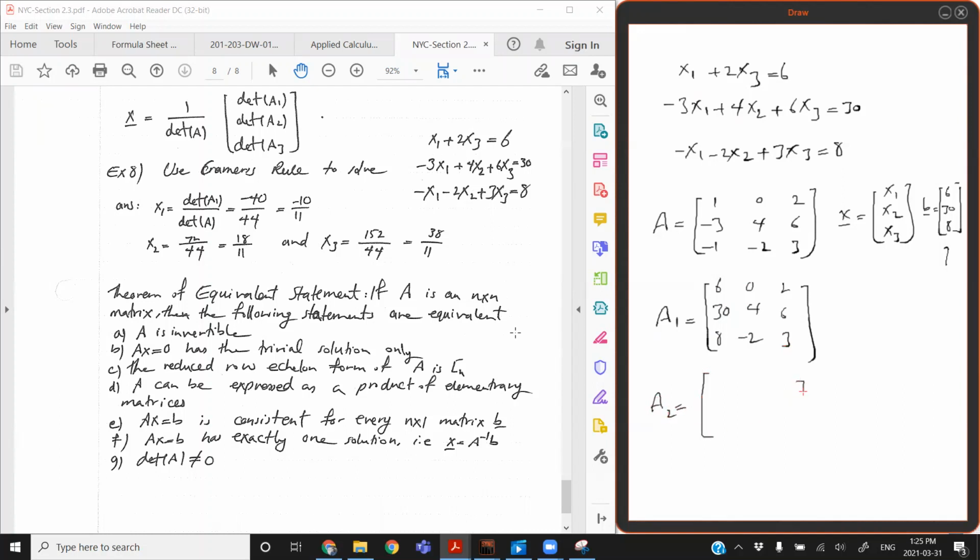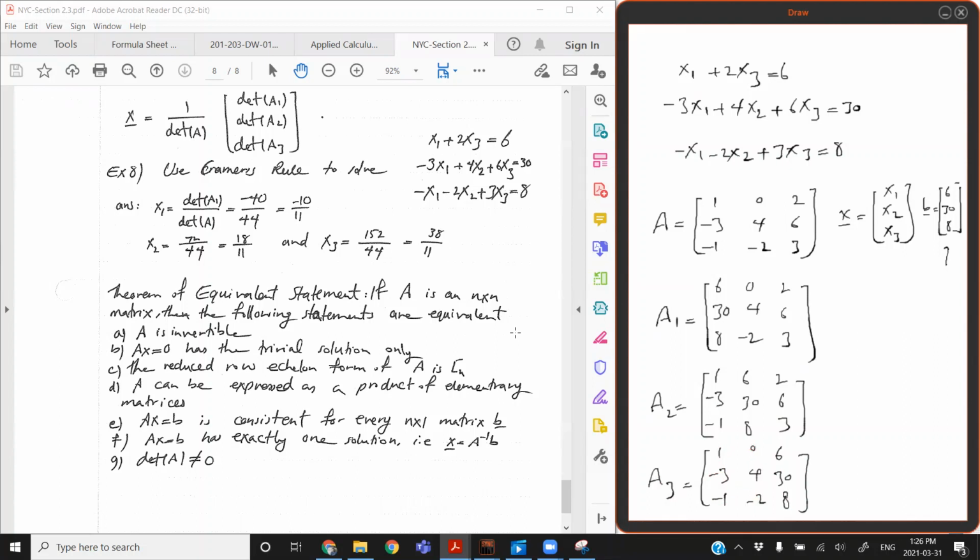A2 is the same as A, except the second column of A is replaced with B. So 6, 30, 8, and then the first column is the same, 1, -3, -1, and the third, 2, 6, 3. That's A2. And A3 is going to be obtained from A by replacing the third column of A with B. So 6, 30, 8 goes here, and then 1, -3, -1, 0, 4, -2.